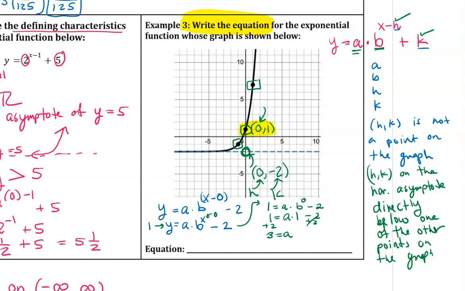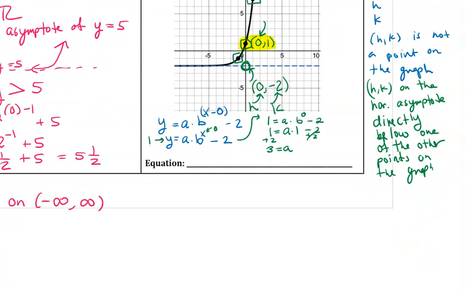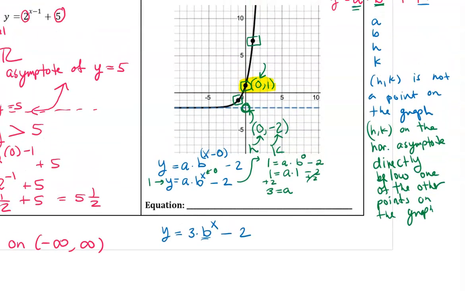Okay, so now here's what I have. Sorry, follow me down here. Now I have y equals 3 times b to the x, minus 2. So this is what I have so far. Now I can go ahead and find b. To do that, I'm going to have to use one of the other points on the graph, and I think I'll use this one. This is where x is 1 and y is 7.